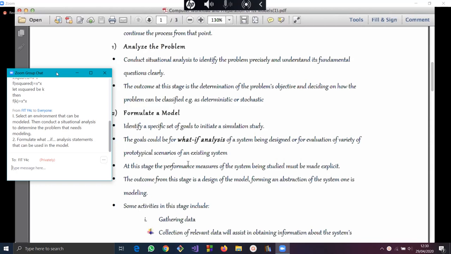This one, I want you to reflect like the if statements in programming.